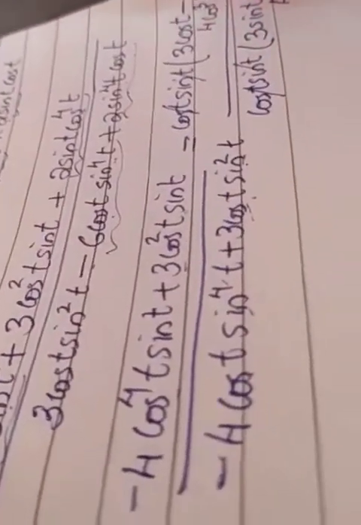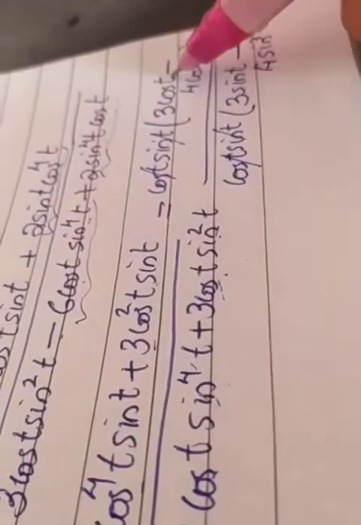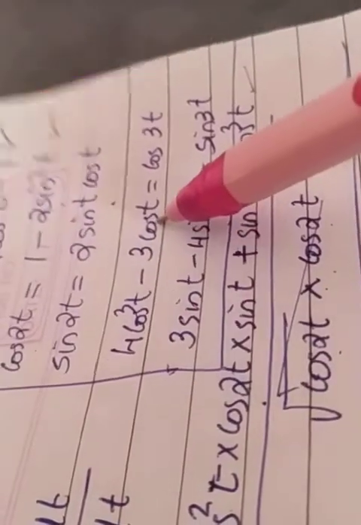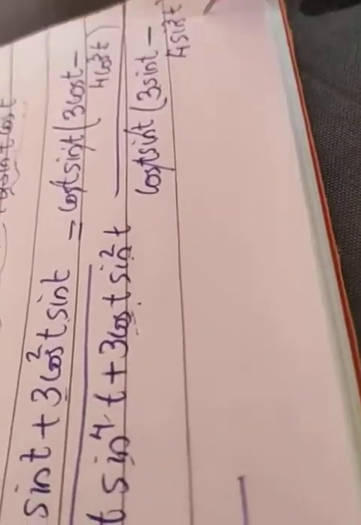So what we are getting in the numerator is 3 cos t minus 4 cos cube t. Actually in the formula we need cos cube t as positive and cos t as negative. But what we got is cos cube t as negative and cos t as positive. So what will be the numerator? Minus cos 3t divided by, the denominator is the same, 3 sin t minus 4 sin cube t.